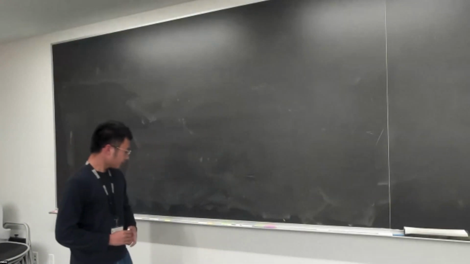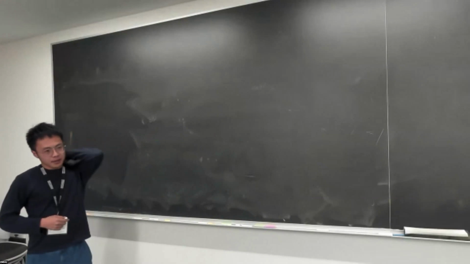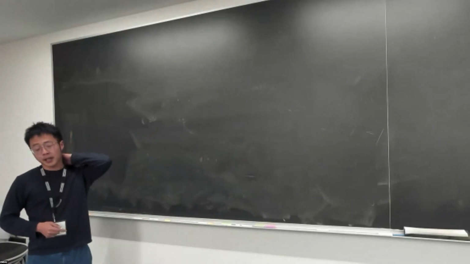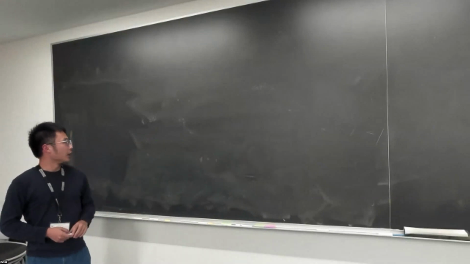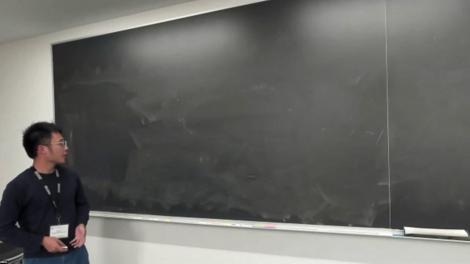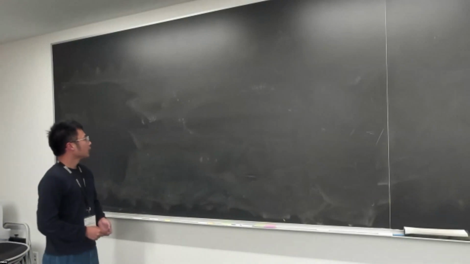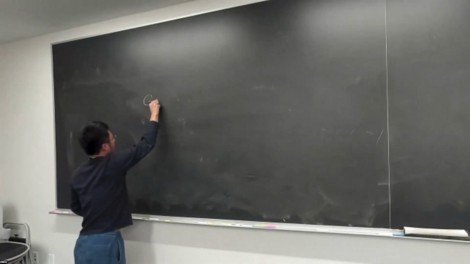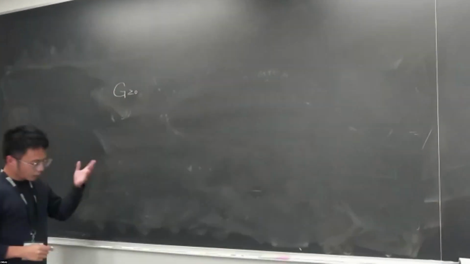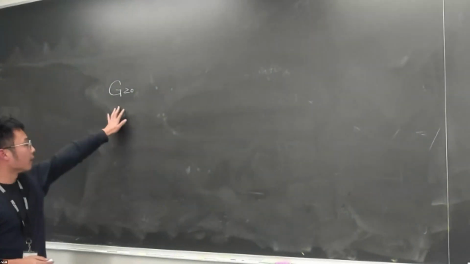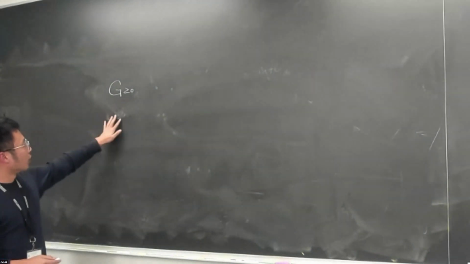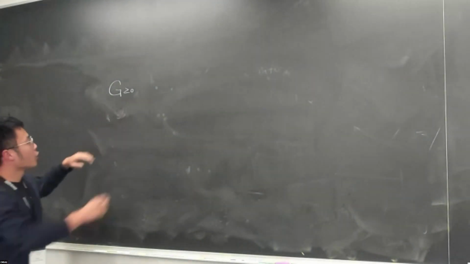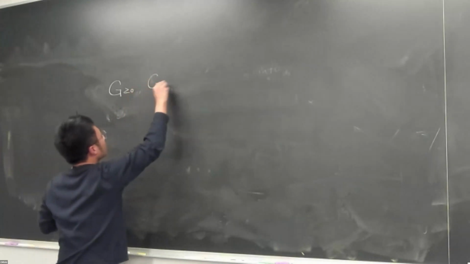But I guess there is some vague conjecture from cluster algebra and Poisson geometry that gives such a construction. Anyway, I want to start with G positive, which is the totally non-negative part of G, where G is a reductive group.